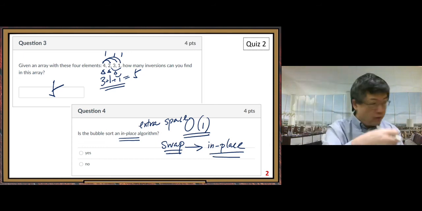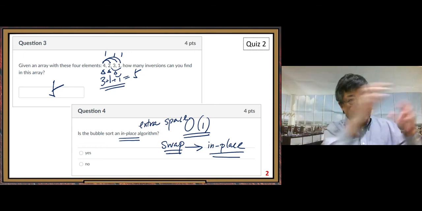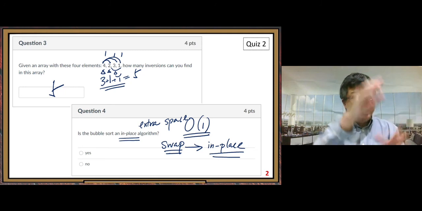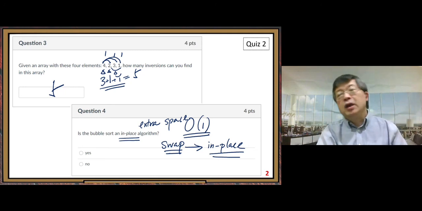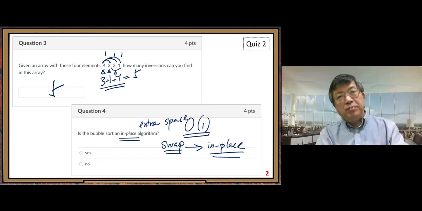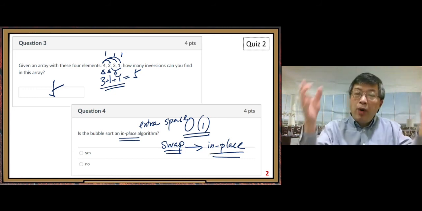You copy data to 1 temporary variable, then you copy the other 2 elements. So that is in place. Each swap operation is in place.